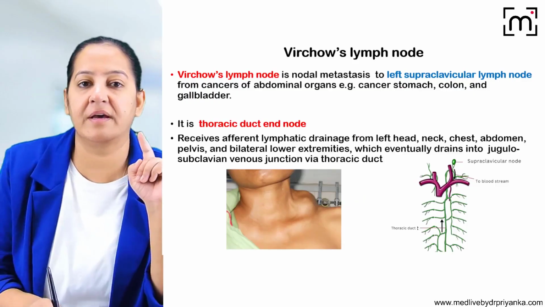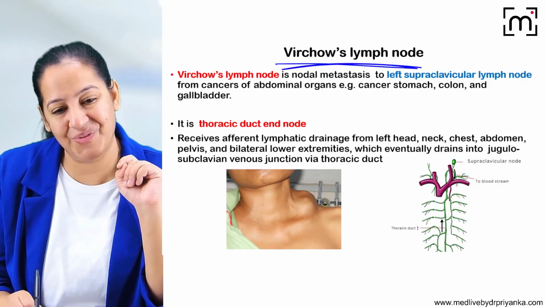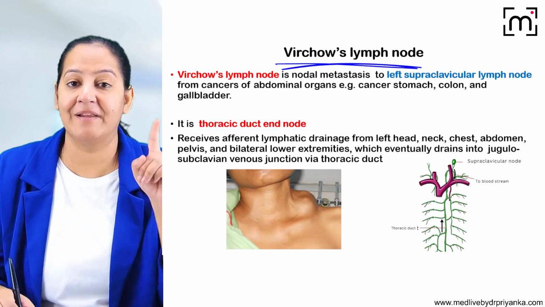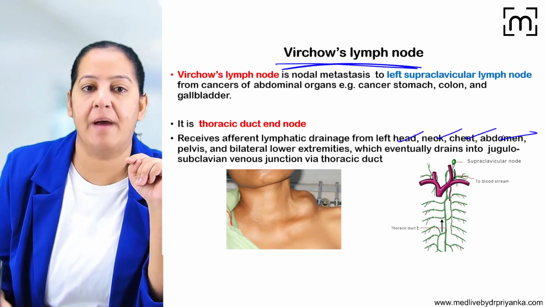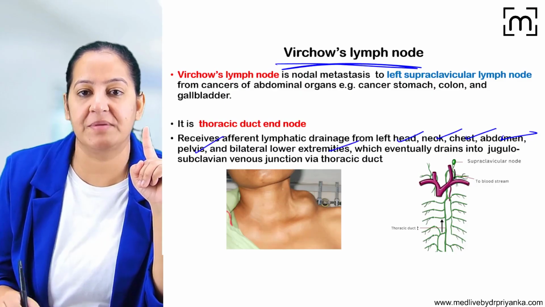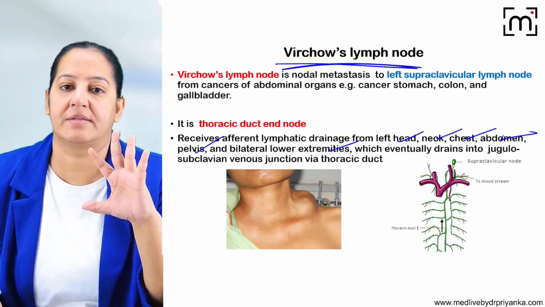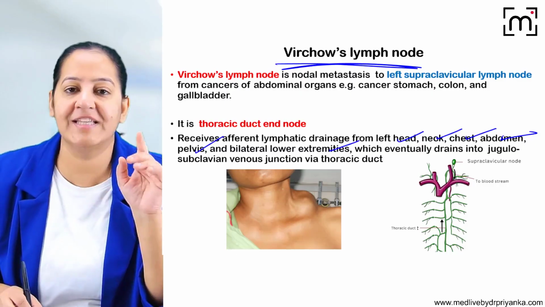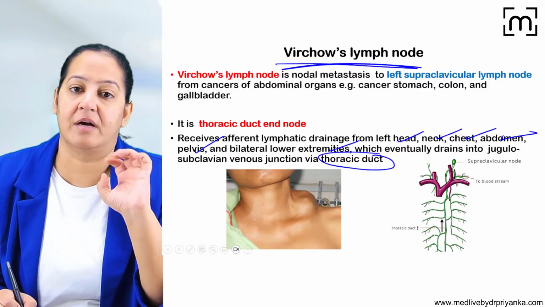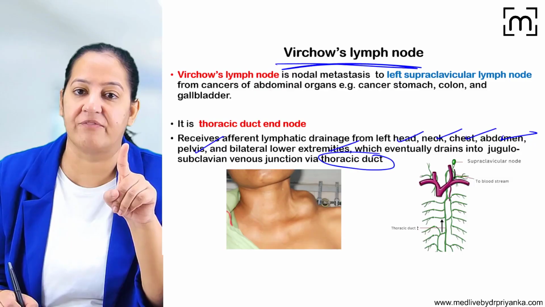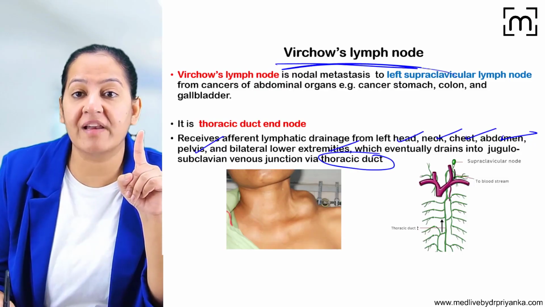One more thing you have to learn here is the virtual lymph node. What is a virtual lymph node? Throughout the body, the lymphatics of the head, neck, chest, abdomen, pelvis, and lower extremities all drain into the thoracic duct. Ultimately, the lymphatics of all these places drain into the blood via the thoracic duct. And just before the thoracic duct, there is a lymph node, the left supraclavicular lymph node.